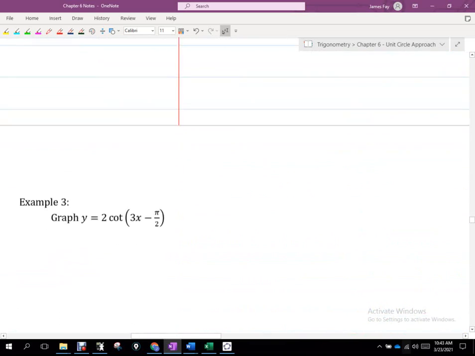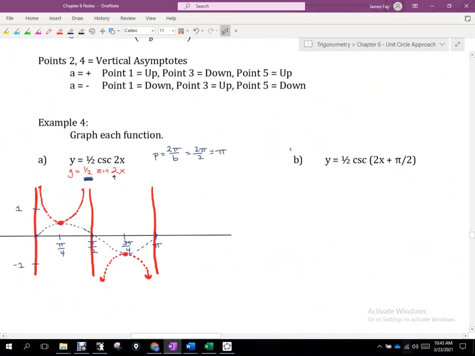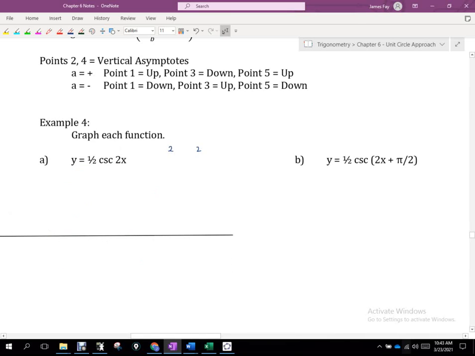Let's jump. We've got time to do one of these with cosecant.